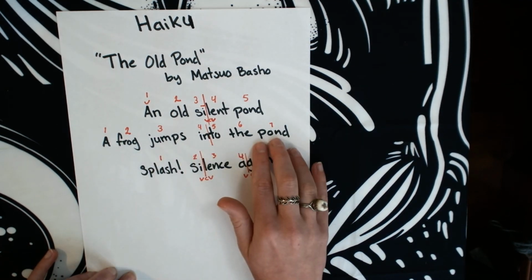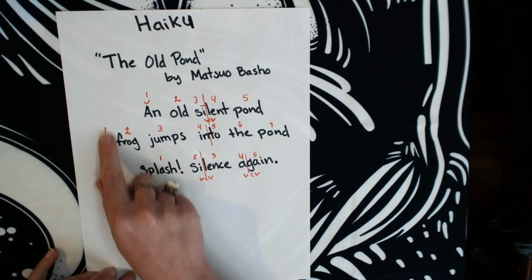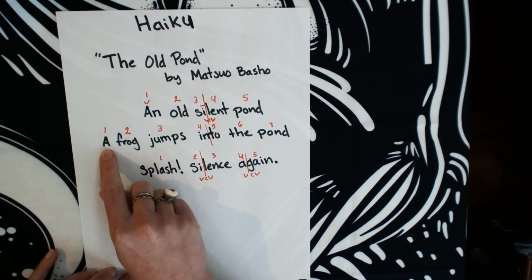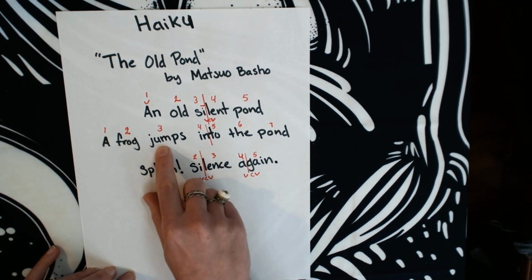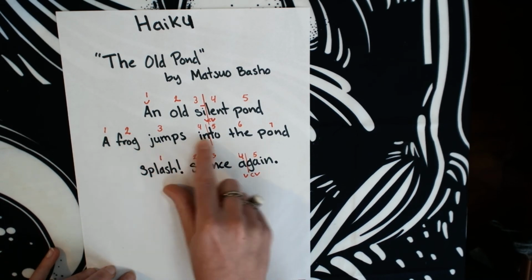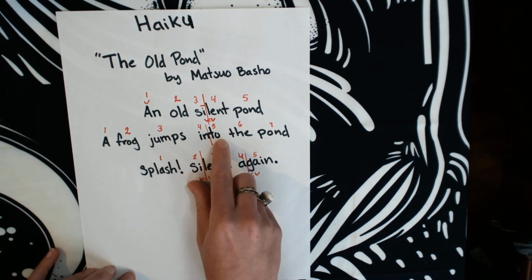Now let's count the syllables in the second line. The word a, single syllable word, single letter word, 1 vowel. You have to have a vowel for a syllable at least. So that is our first syllable, a. Frog, 1 vowel, 1 syllable. Jumps, 1 vowel, 1 syllable. Into, I noticed that there is a vowel at the beginning and a vowel at the end.